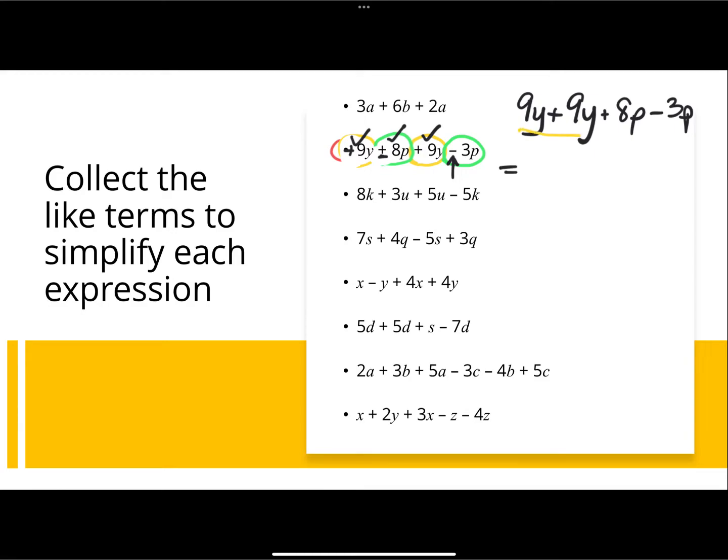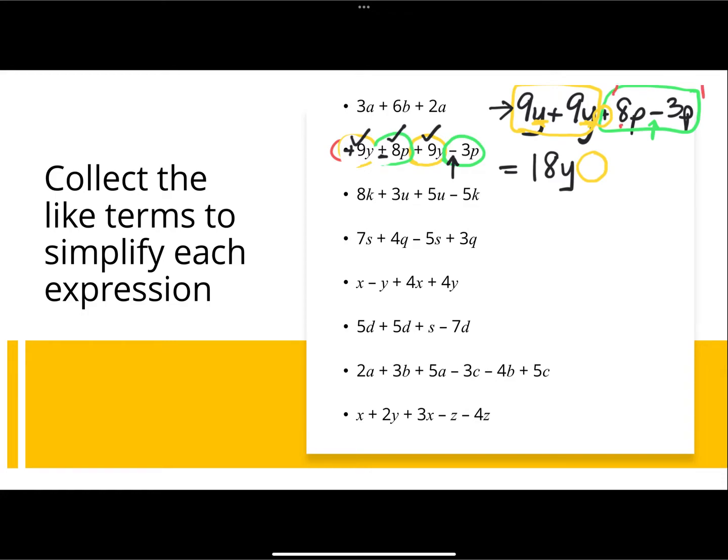So let's add these together. I can add these two together because they both have y's in them. And then I can put those together as well. So let's do our y's first. 9 plus 9 is 18y. Before I work out what my operation is here, I'm going to do this calculation first.